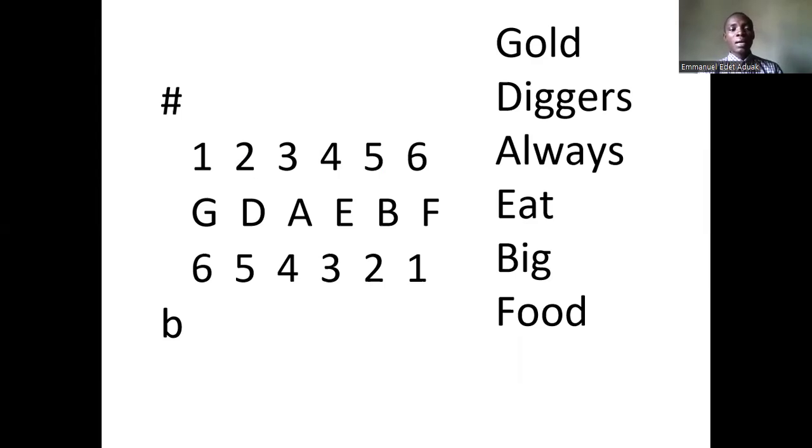Then coming back to the flat, F major has 1 flat, B flat major has 2 flats, E flat major has 3 flats, A flat major has 4 flats, D flat major has 5 flats, G flat major has 6 flats, then C flat major has 7 flats. So this is very important. So you can go over the video again and again to get that done.